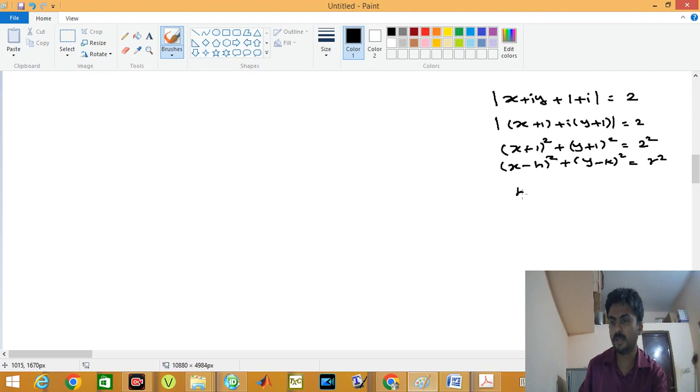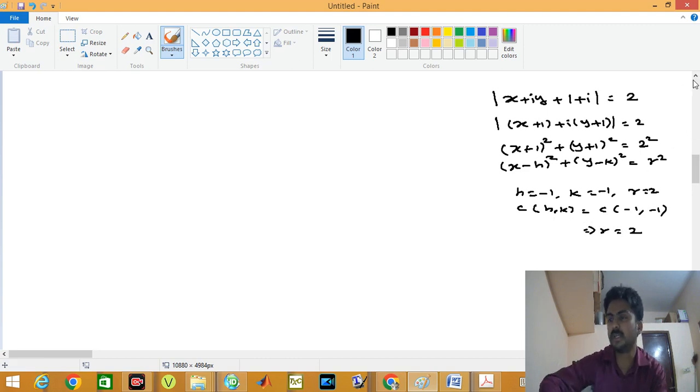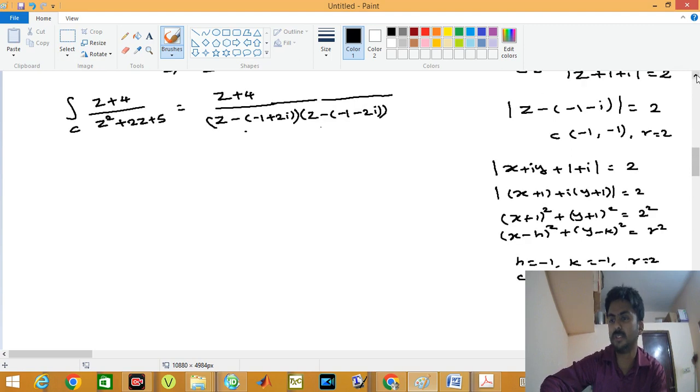So here h equal to minus 1, k equal to minus 1, r equal to 2. So the center is h comma k equal to minus 1 comma minus 1 and r equal to 2. This is another way of finding the center and radius.